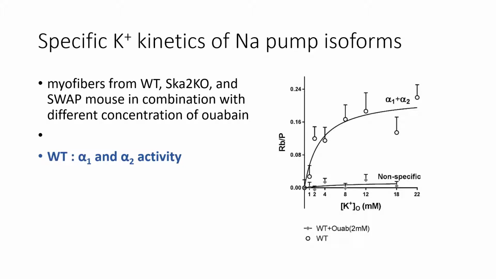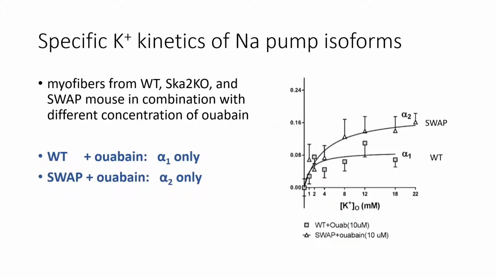So we determined the specific potassium kinetics of sodium pump isoforms in skeletal muscle by using myofibers from wild-type, alpha-2 knockout, and swap mouse in combination with different concentrations of ouabain. For example, here we increase potassium and we measure rubidium uptake activity in wild-type animal, which gives us the potassium affinity of alpha-1 and alpha-2.